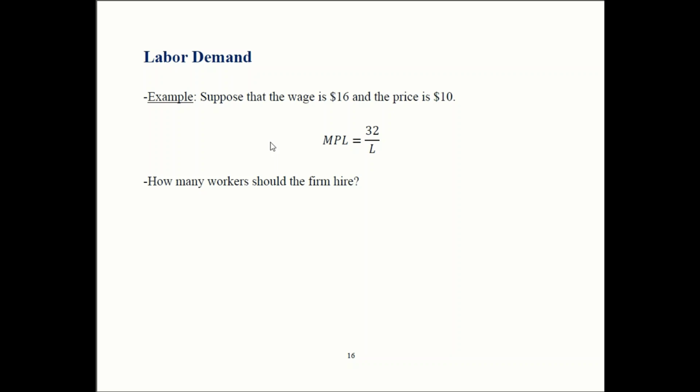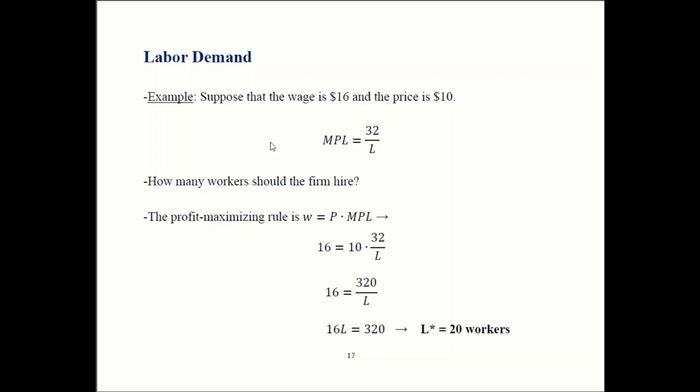Alright, I'll assume you have finished the problem by now, so let's go over the answer. Our profit maximizing rule is you set the wage equal to price times MPL. So the price is $10, so multiply that by the MPL. So 10 times 32 over L. That comes out to 320 divided by L. The next step is to multiply both sides by L to get the L out of the denominator.